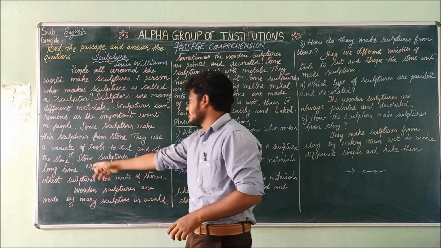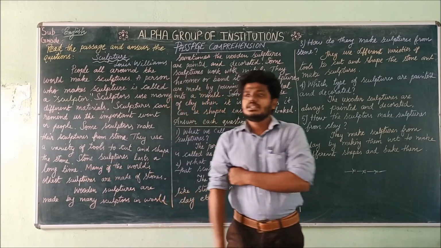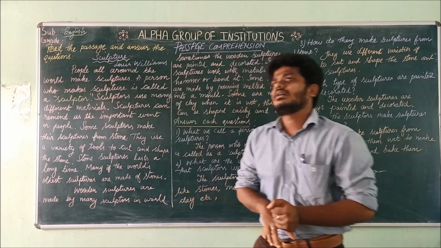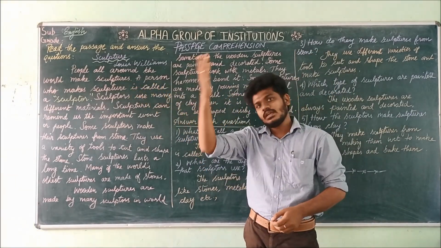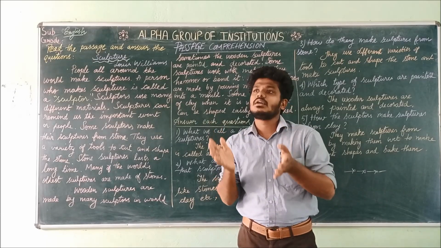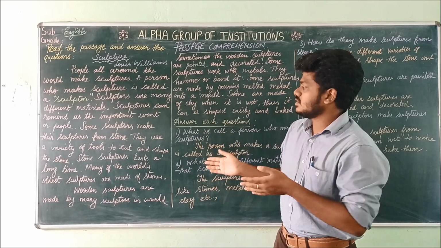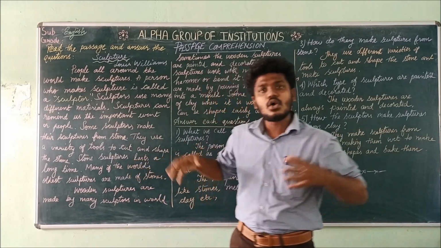Some sculptures last a long time. Yes, it's very true. Even in the Pondicherry Museum and the Chennai Museum, wherever you go, you can find some sculptures, because stone sculptures last for a long period of time.